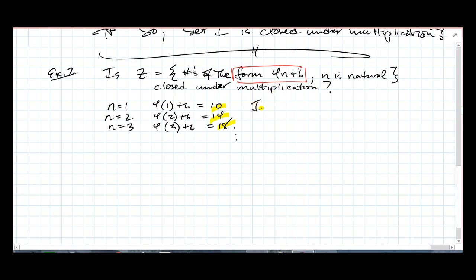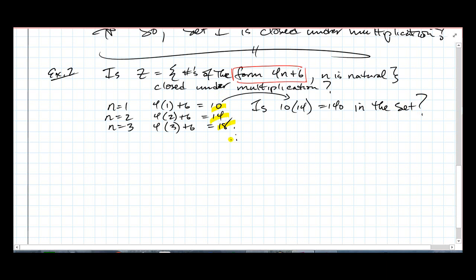So the big question is, 10 times 14, which is 140, is 140 in the set?